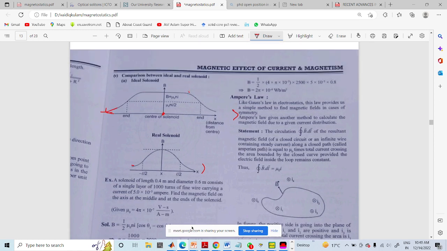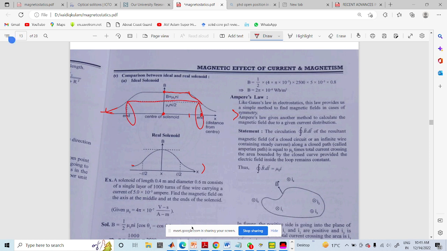At the center we have this magnetic field, and if you go far from the center, B is still this, right? But after this distance B is going to decline, and this is the end point, that means the solenoid is ending here, right?